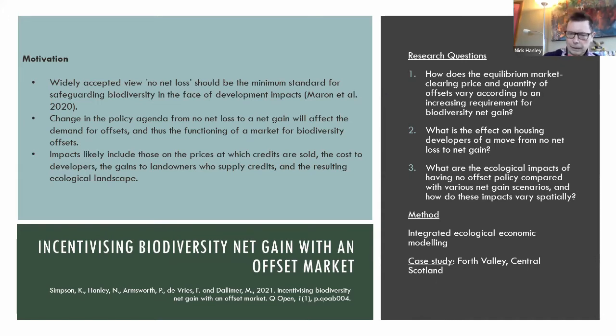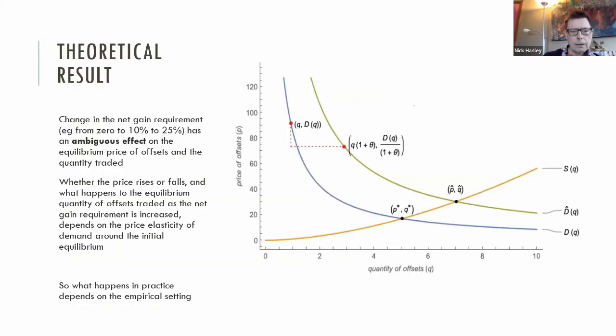Brett and Ian have been saying that for a very long time now, and hopefully in these results you'll see that space really matters. So one interesting thing in that paper, which is in this relatively new journal, Q Open, is that we have a theory model where we ask the question, as you increase the net gain requirement, so that means if a development goes ahead, rather than having a zero change in the biodiversity indicator, we want a positive change.